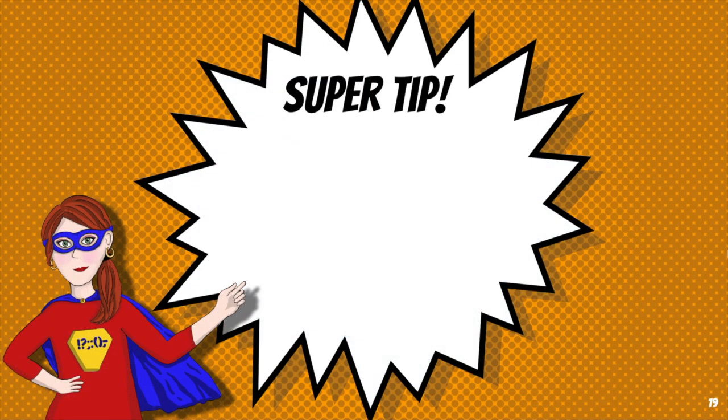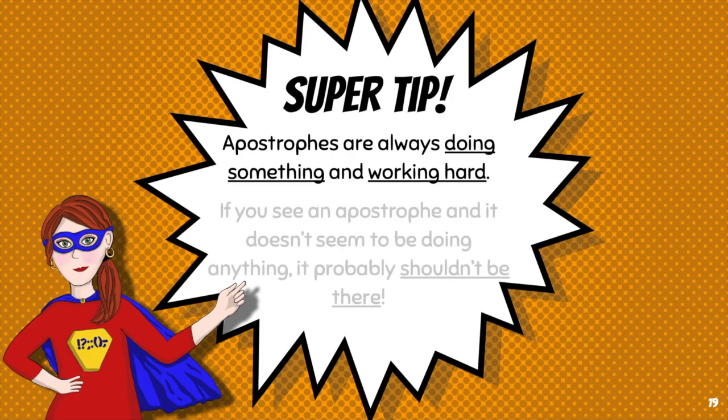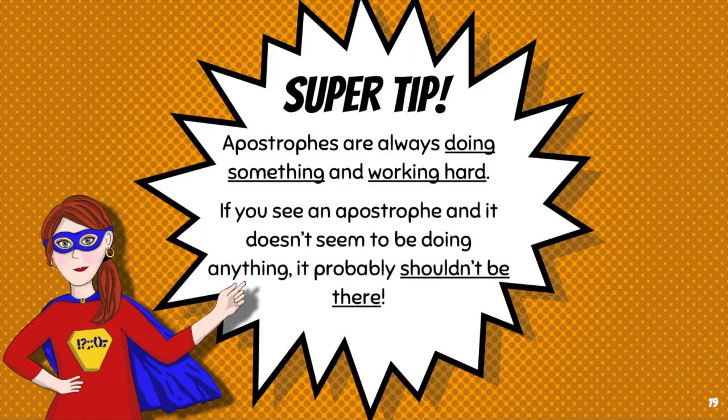All right, it's time for me to share my super tip about apostrophes with you. This is what you need to know about apostrophes. They are always doing something and working really hard. They're a very functional type of punctuation mark. So if you see an apostrophe and it doesn't seem to be doing anything, it probably shouldn't be there.